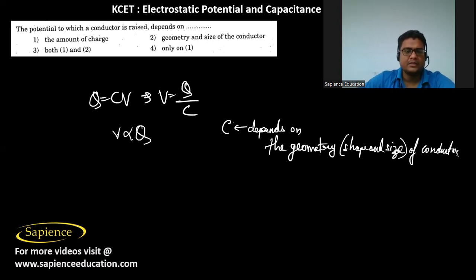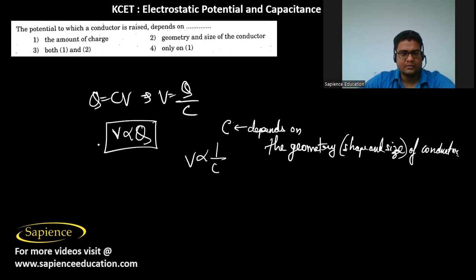So V is inversely proportional to the capacitance. The correct answer is option 3, since it depends on both the amount of charge and on the geometry and size of the conductor.